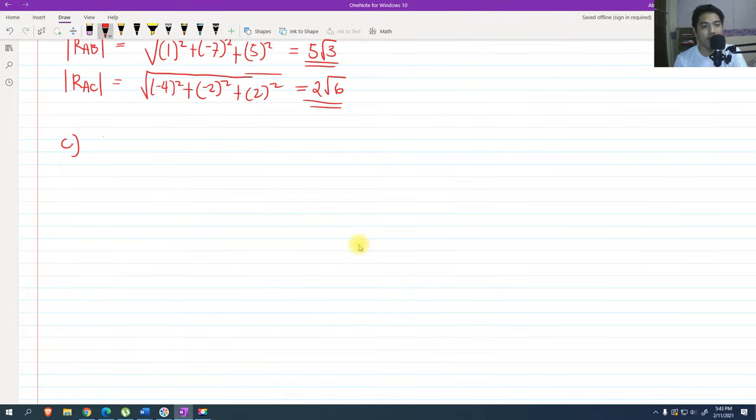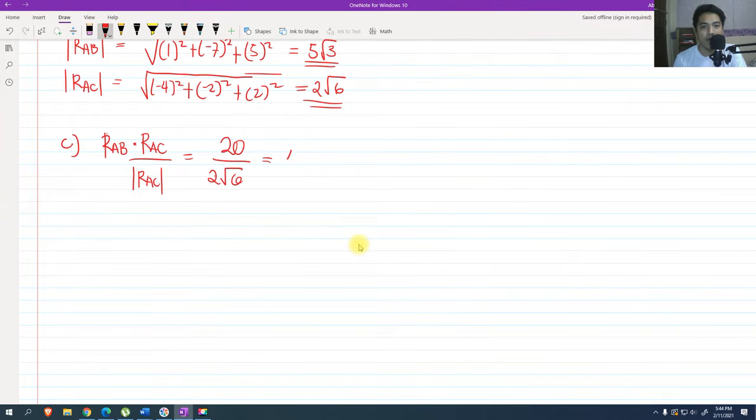So to get the scalar projection of RAB to RAC, we have the formula RAB dotted by RAC all over the magnitude of RAC. We know the dot product is 20, all over the magnitude of RAC, that's 2 square root of 6.